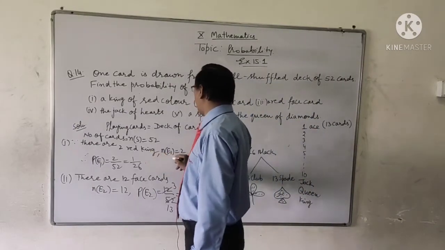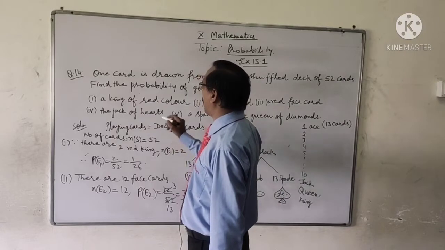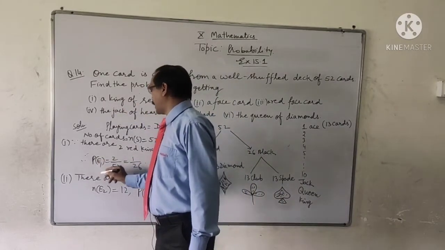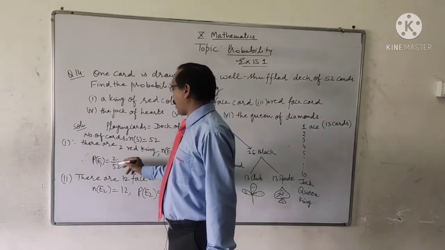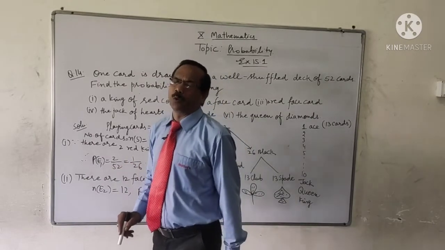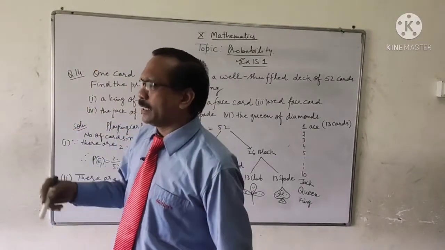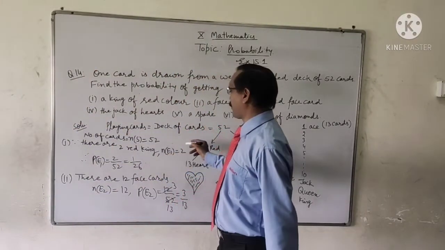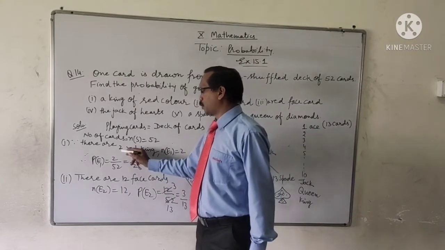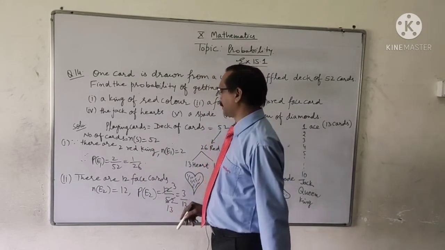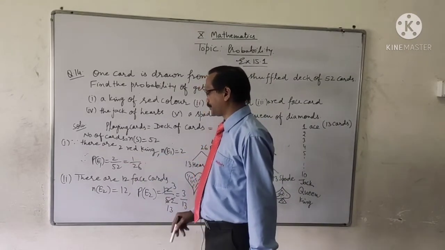So n(E1) equals 2. E1 represents the first case. Then P(E1) is 2 upon 52. 2 is the number of favorable outcomes, meaning red kings, and the total number of cards is 52. So probability is 2 upon 52 and it becomes 1 upon 26. We will cancel this by 2.